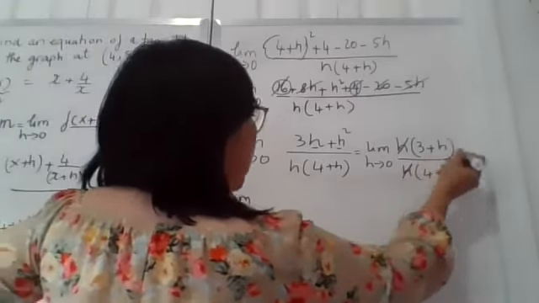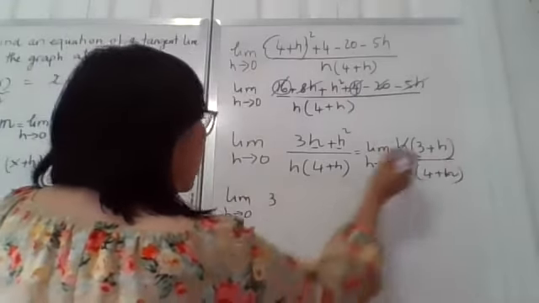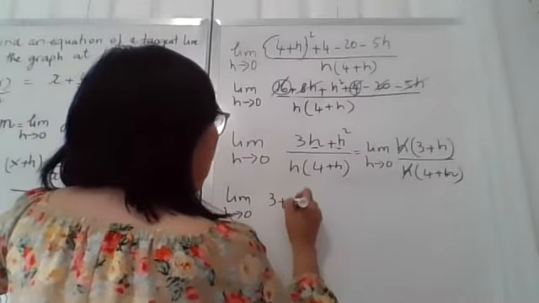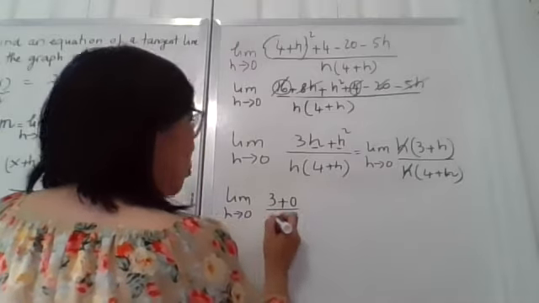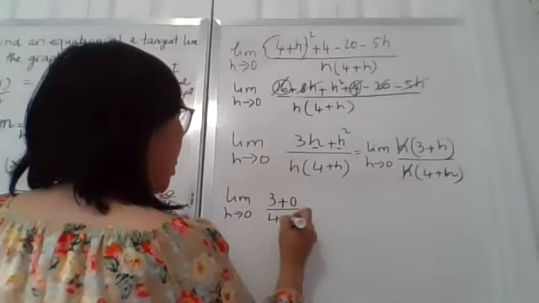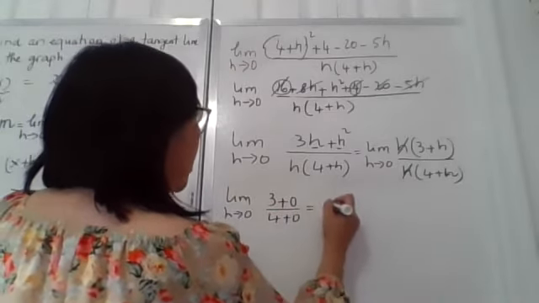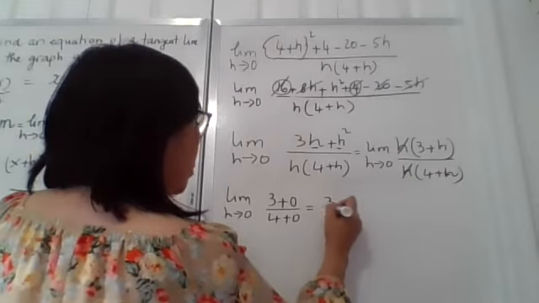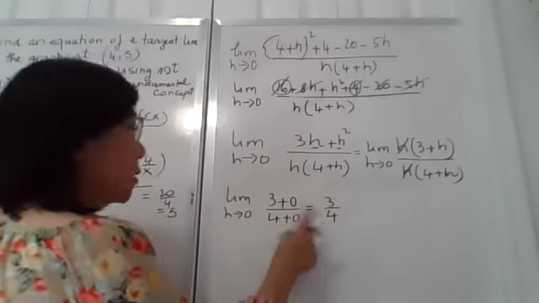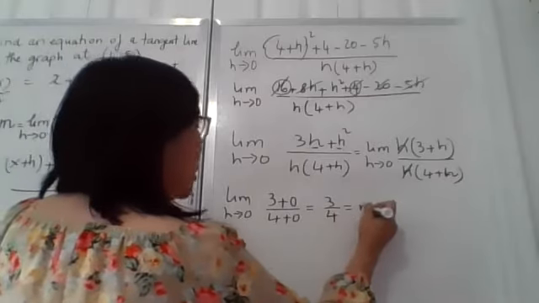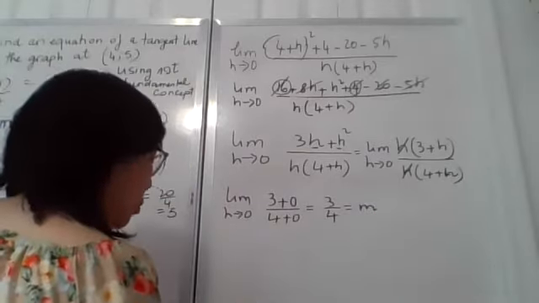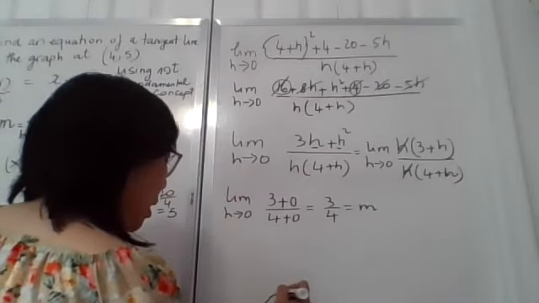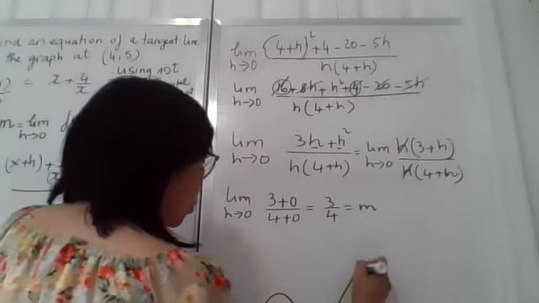So now you have the limit as h approaches 0. Now we're allowed to substitute h by 0 into the fraction without worrying that we blow up the bottom and it becomes 0, right? So here you see the slope of your tangent line is equal to 3 over 4. This is equal to the slope of the tangent line, right? And remember, your function is going up and down sometimes.